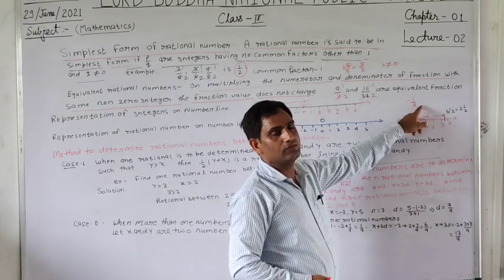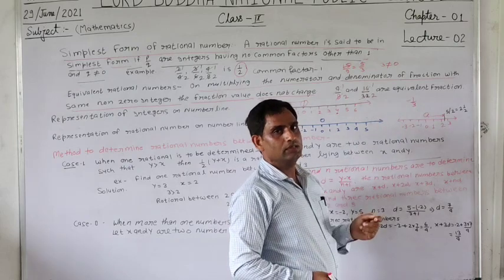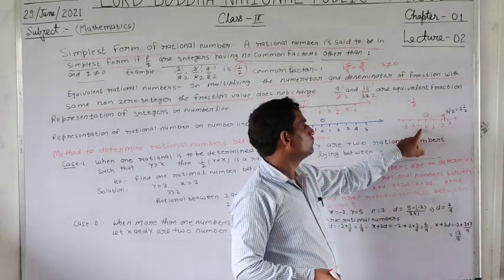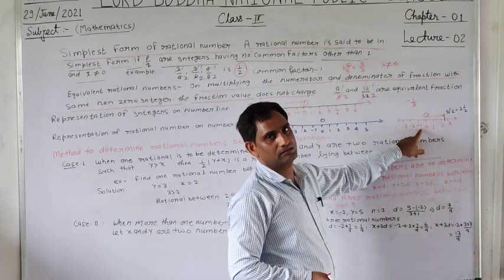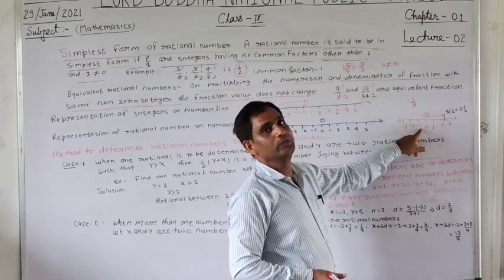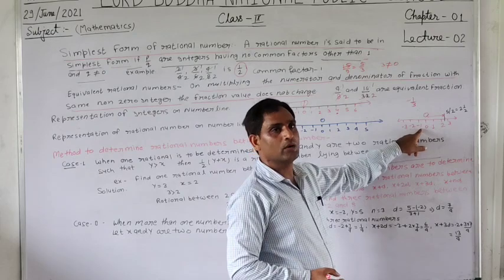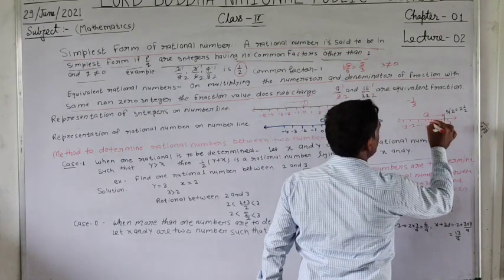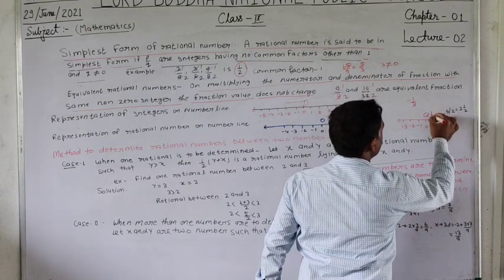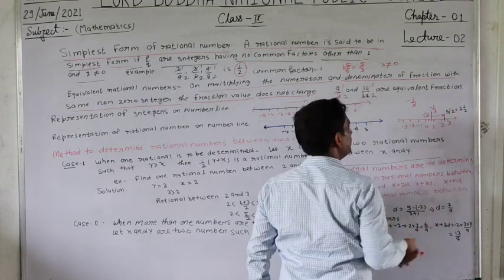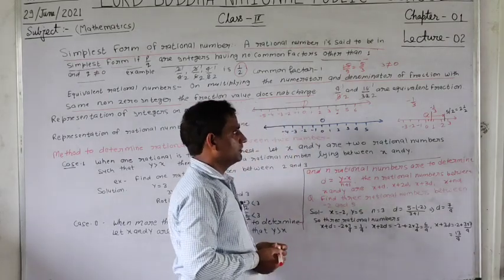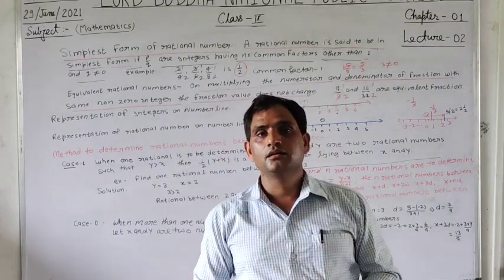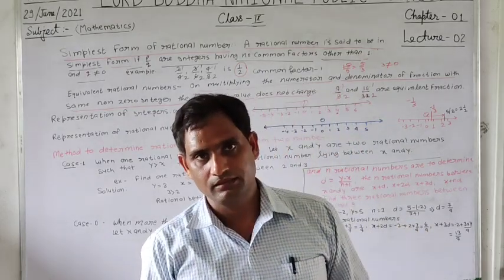To represent this, first of all, we divide the length between 0 and -1 into 3 equal parts. And the first part will represent minus 1/3. 1, 2. So this part will represent minus 1/3. In this way, we can represent the rational numbers on a given number line.